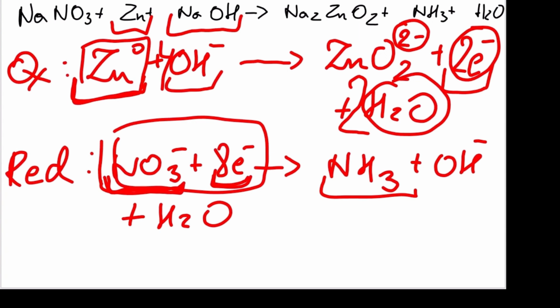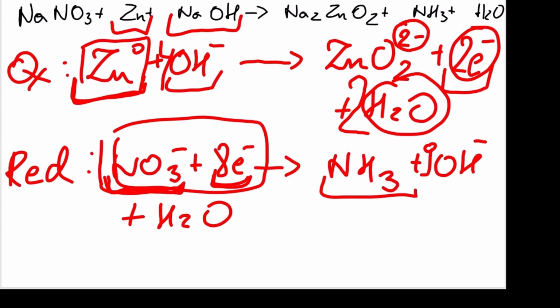So we are sure now that on the right side also should be equal to minus 9. So we need to change the number of hydroxide anions. Yes? So we need to put here 9 hydroxide anions here.